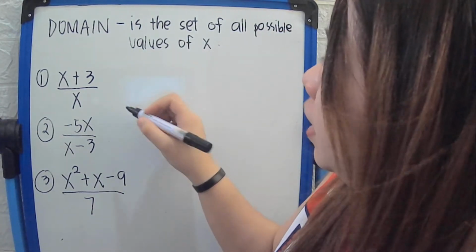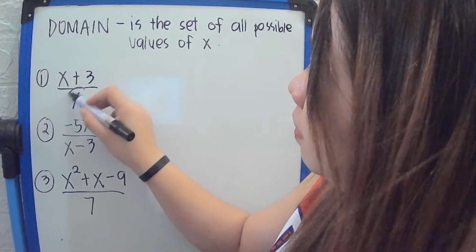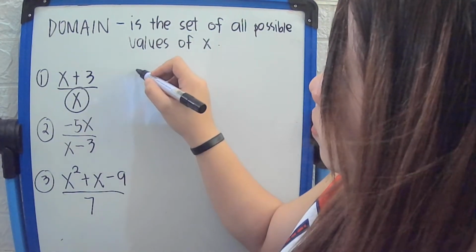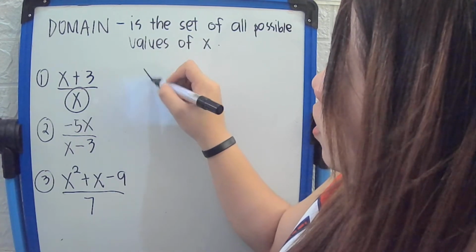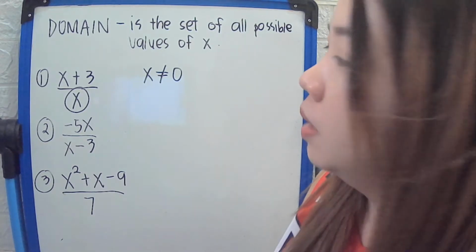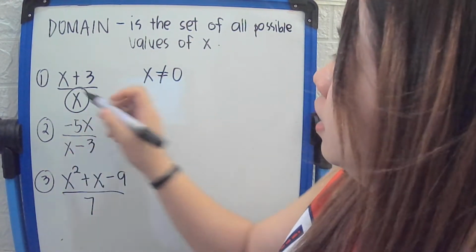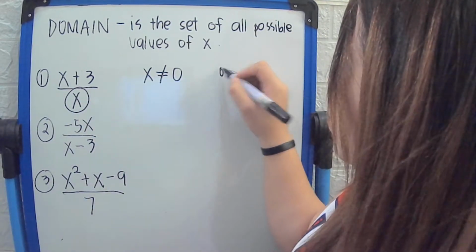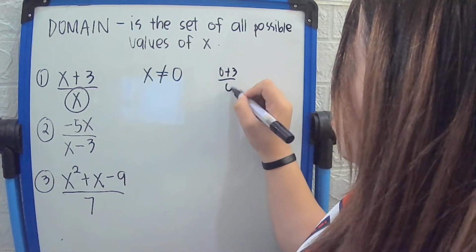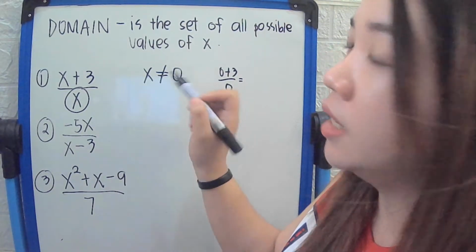So for number 1, you just get the denominator. Our denominator here is x, so your x should not be 0. Meaning to say, if your x here is 0, that will be 0 plus 3 over 0.